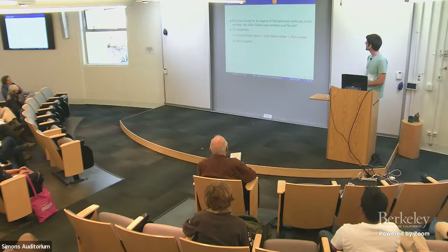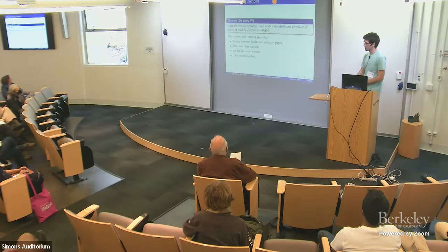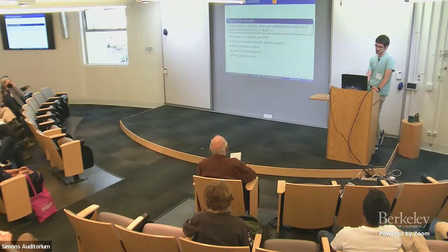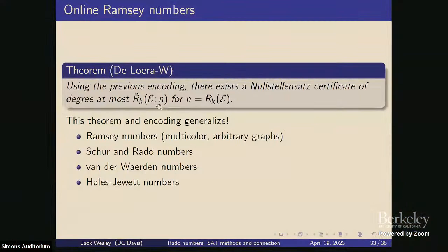So I defined these numbers where you're playing on a fixed board 1 through n, right? But you could also study the same thing where you allow arbitrary n or all of the positive integers.